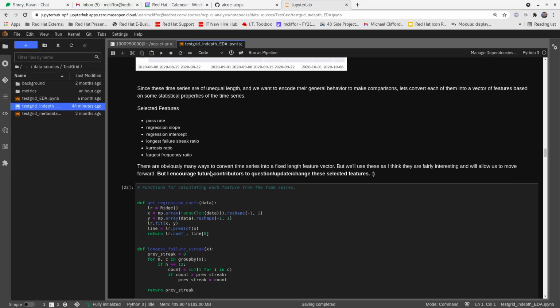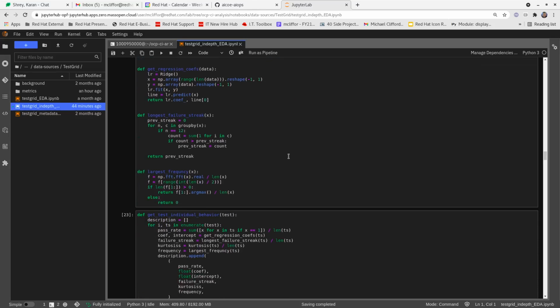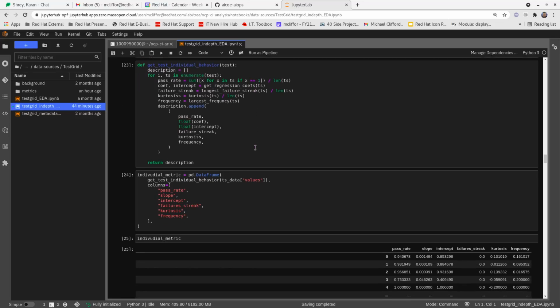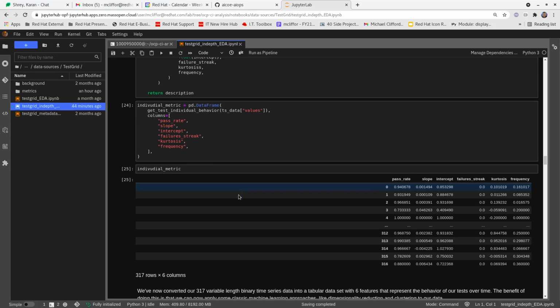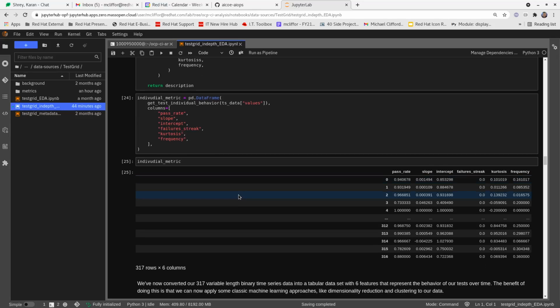So that said, I'm going to generate these specific statistics and a new data frame that represents these 317 unequal time series as six-dimensional vectors described by pass rate, slope, intercept, failure streak, kurtosis, and frequency.